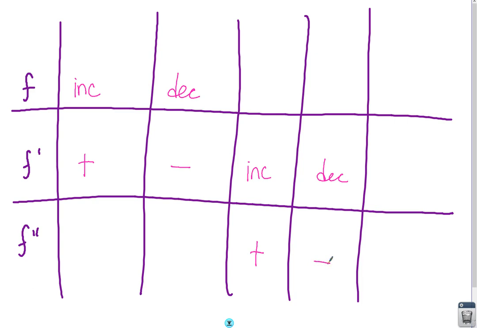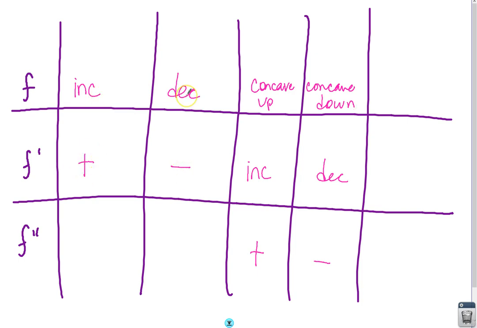Well, both of those came in really handy because that helped us determine the concavity of my original function, which means this was concave up and concave down. Now, this is just the very basics: if this is positive, this is increasing.